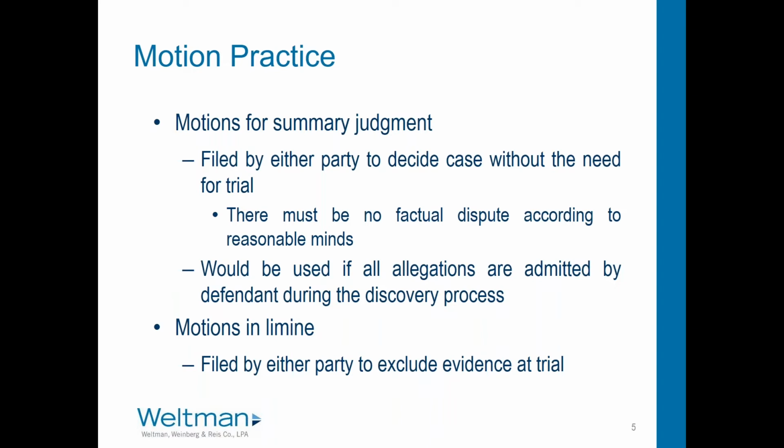Take your general auto accident subrogation claim: there are clearly going to be some facts that need to be fleshed out, and people are going to have different views of what the facts are, and you put those to a jury. And so typically in a subrogation case, a motion for summary judgment is pretty rare.